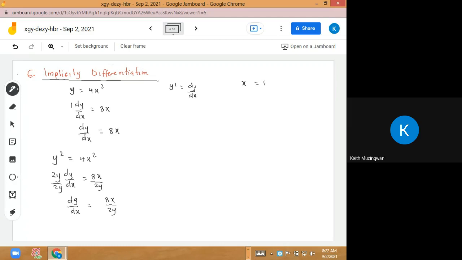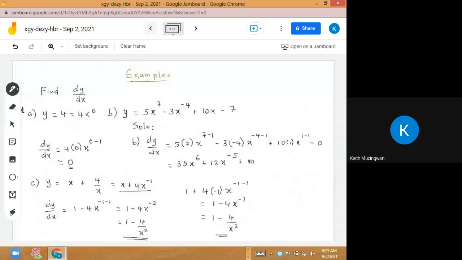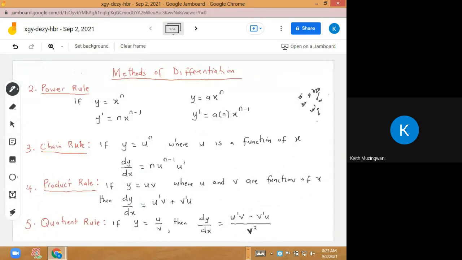So this method where you don't bother yourself to solve for y, you just differentiate y wherever it is, and just remember to multiply by dy dx every time you differentiate y, is what we call implicit differentiation. It doesn't have a formal way of writing it, just like we write this here.